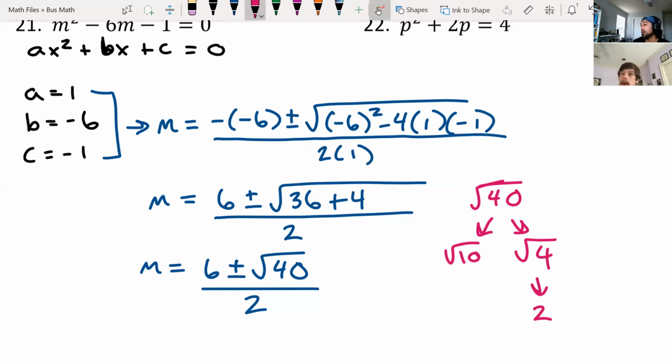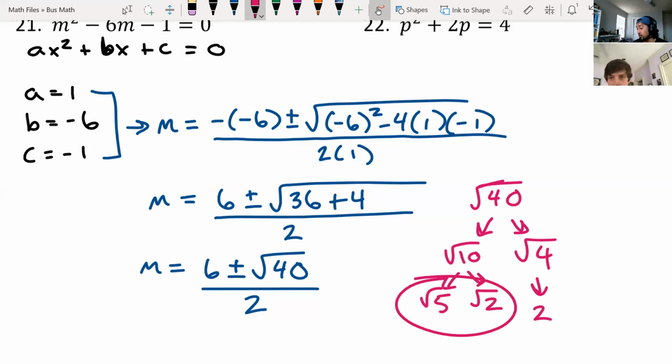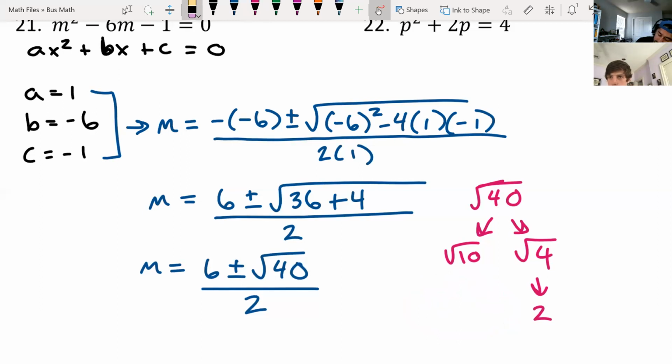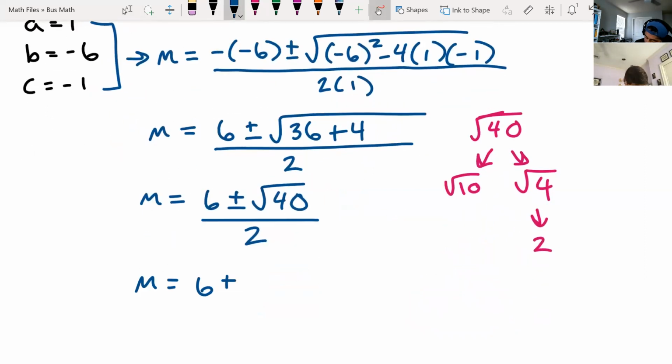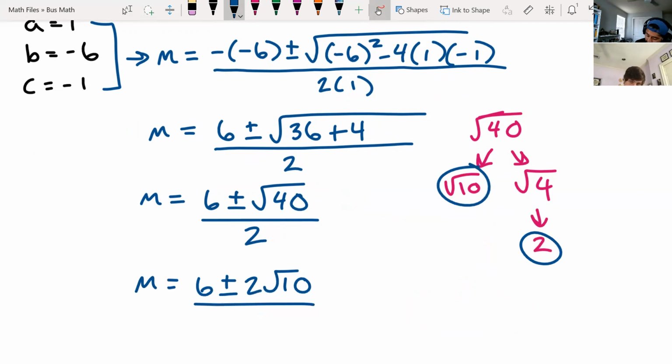Now the square root of 10, we can break into 5 and 2, but will anything happen there? No, because we can't break these down anymore. So we'll just go back to the square root of 10. So this means that you'll get m equals 6 plus or minus 2 times the square root of 10 all over 2.